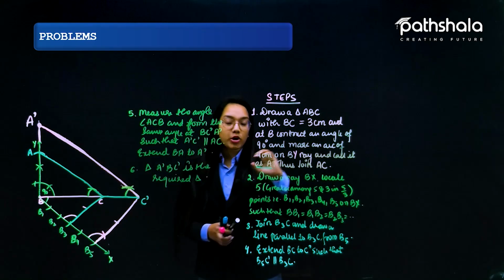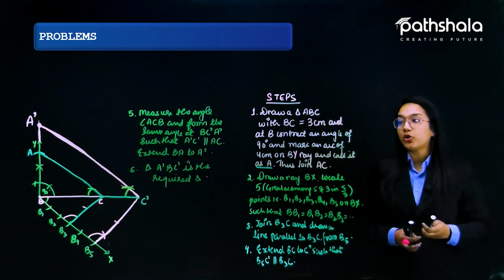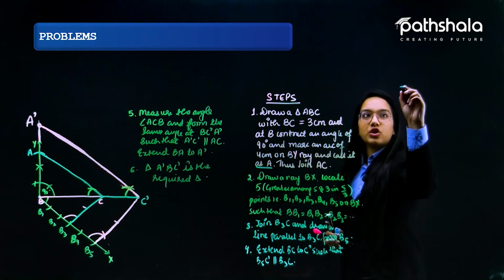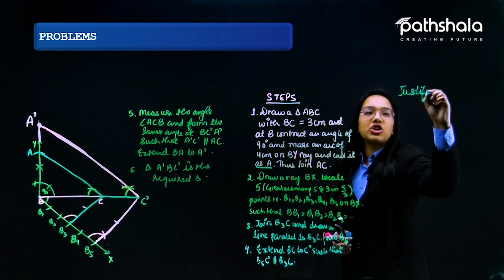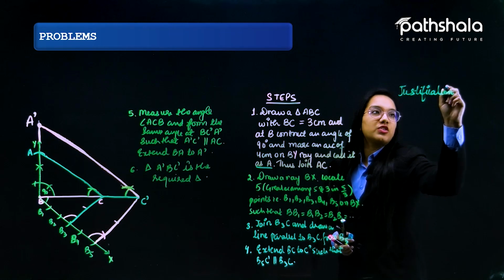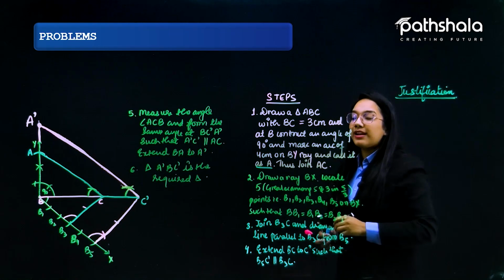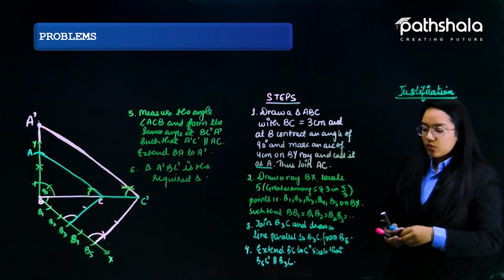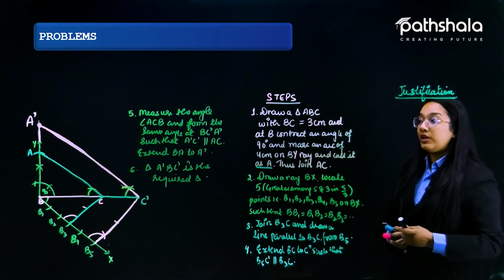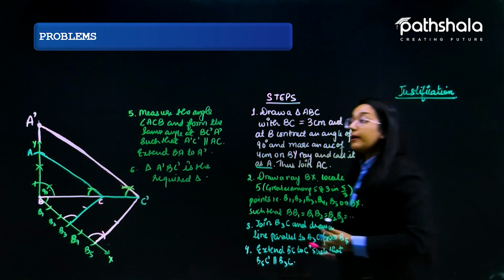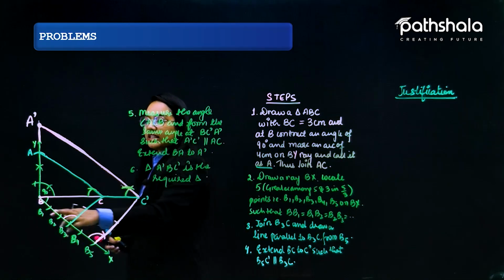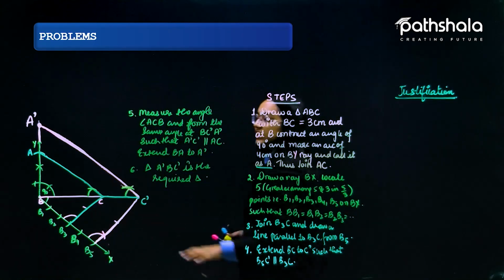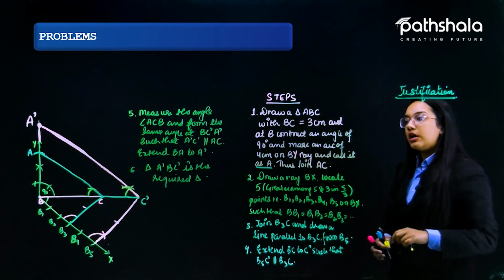Now let's talk about the justification of it. As you can see, the justification is similar to the previous one, so I'm just giving you the conclusion of the second triangle only. Instead of taking the triangle B3C and B5C dash, I'm talking directly.